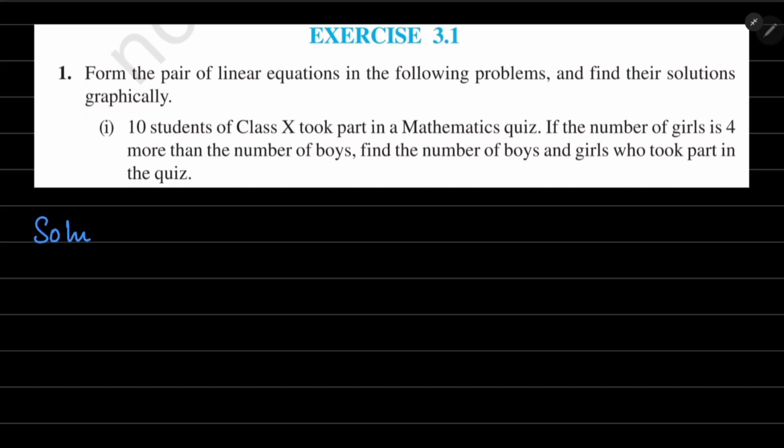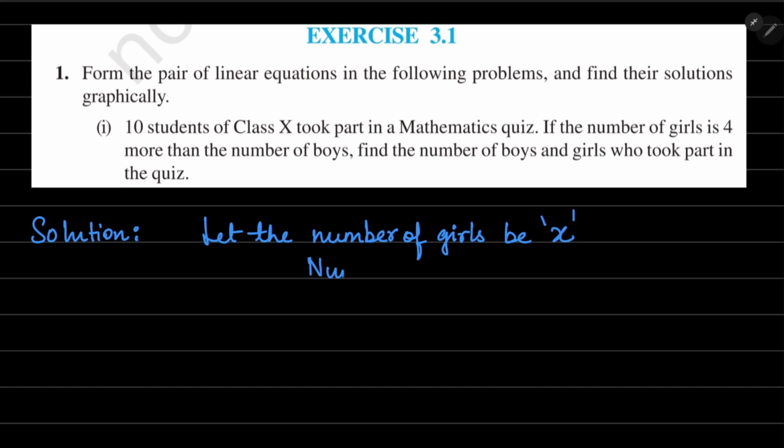The solution will be: let the number of girls be denoted by x, which we have to find using the graphical method, and let the number of boys be y.